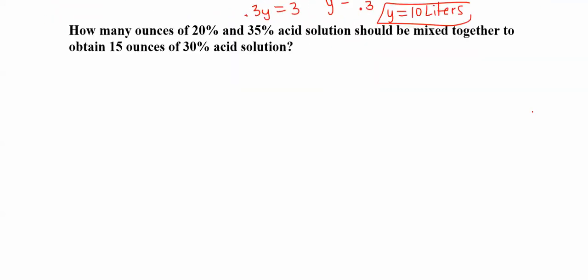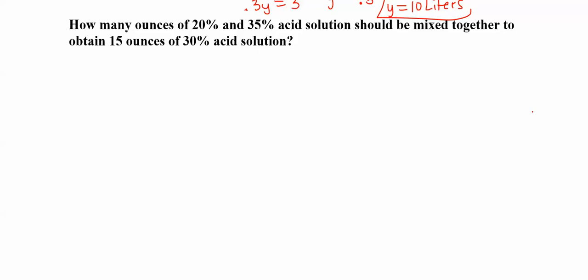Let's try this procedure again. How many ounces of 20% and 35% acid solution should be mixed together to obtain 15 ounces of a 30% acid solution? Again, I have a mixture and I have two different solutions that I'm mixing up to produce my final mixture.